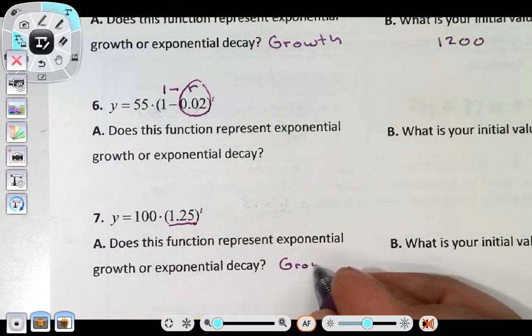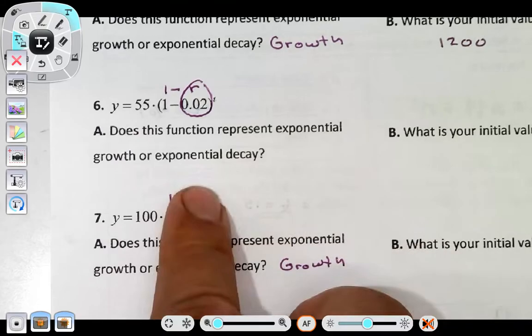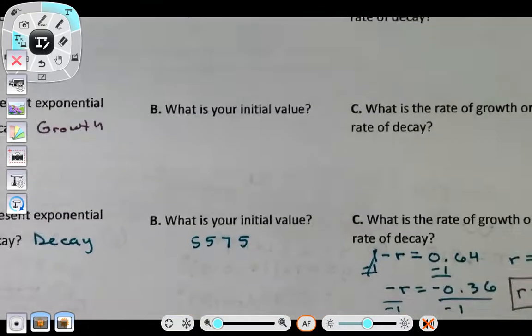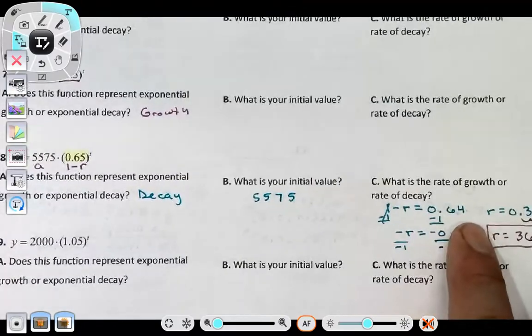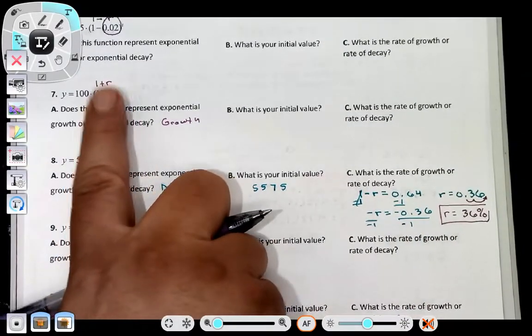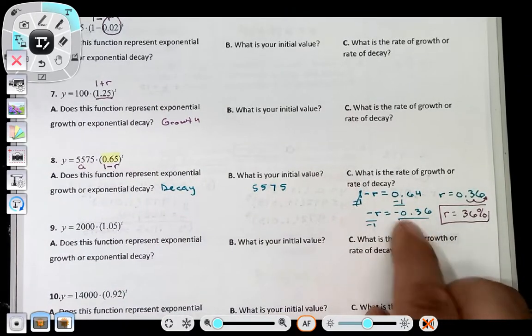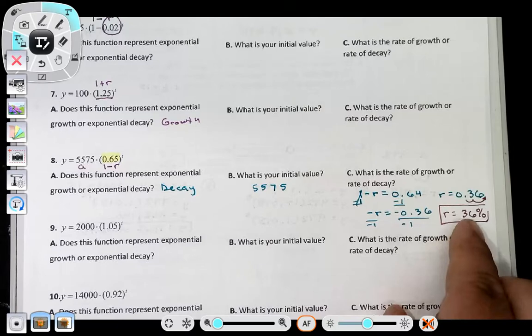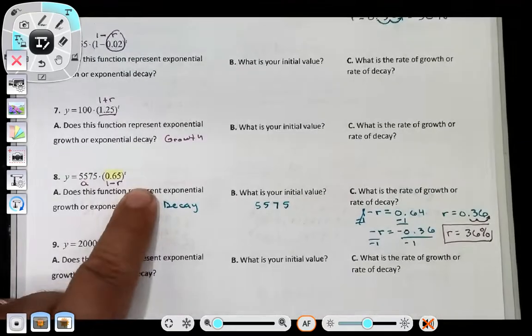So that's growth, but you're going to have to find out 1 plus R is equal to this, kind of the way we did this one with the 1 minus R. So some of them do require a little bit of work because they don't have a plus sign or a minus sign. So you make it equal to each other so you can do a little solving to find it. All right, everybody, well, that only leaves you with like 9 more questions to do. So hopefully it all goes well. Double check your answers, but this is due before you leave.